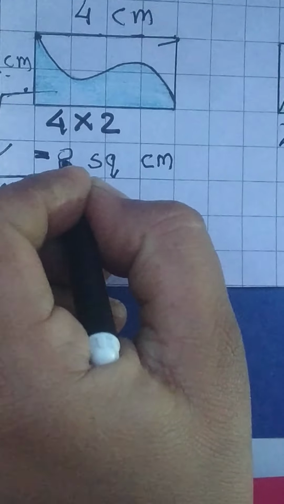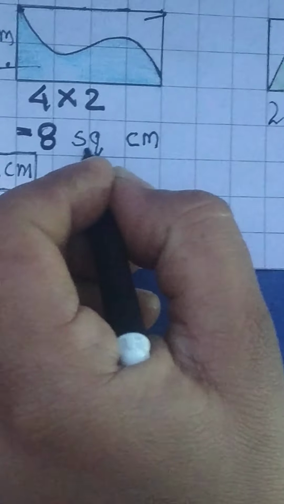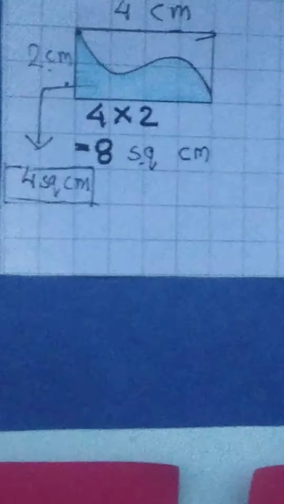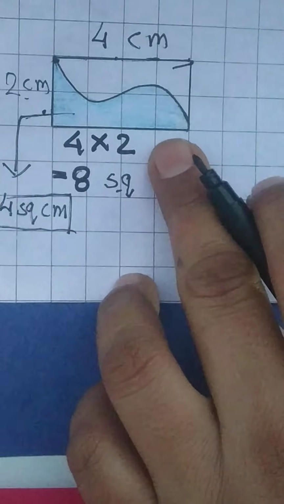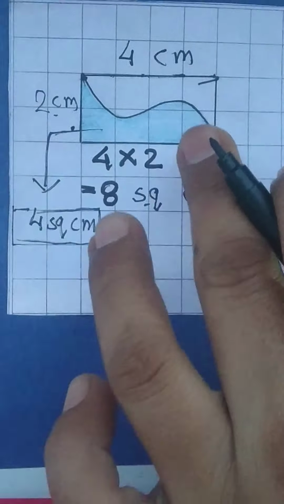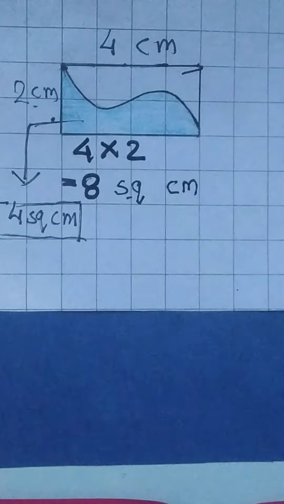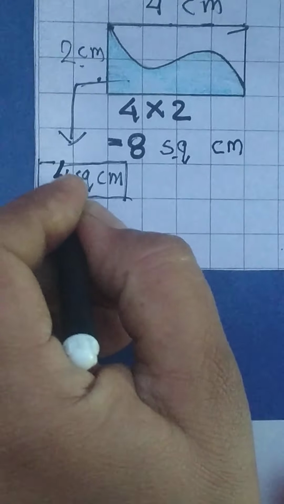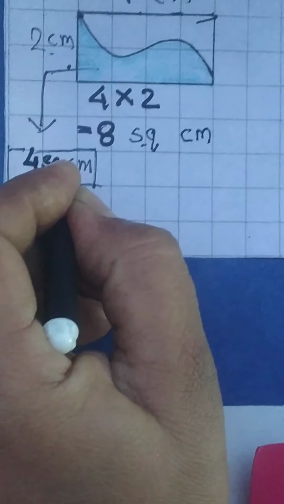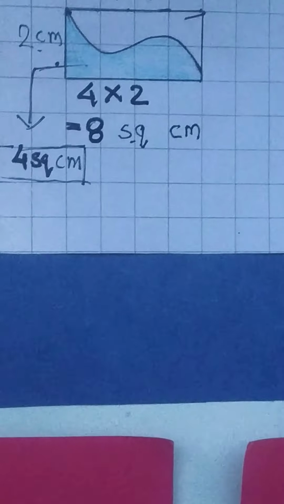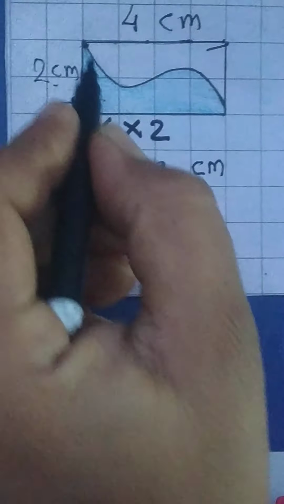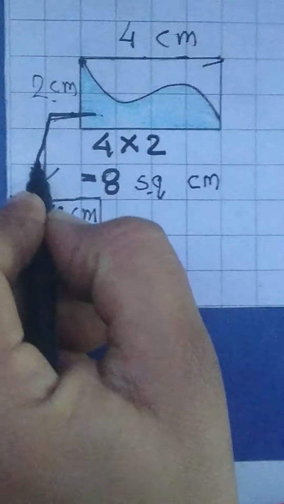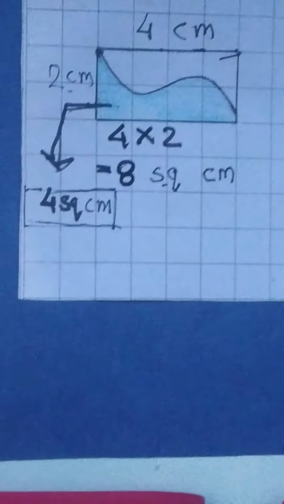So what will be the area of this rectangle? 8 square centimeters. And we just take half of the area of this rectangle. We got 4 square centimeters. Half of 8 is 4. Okay. So the area of the shaded part will be 4 square centimeters.